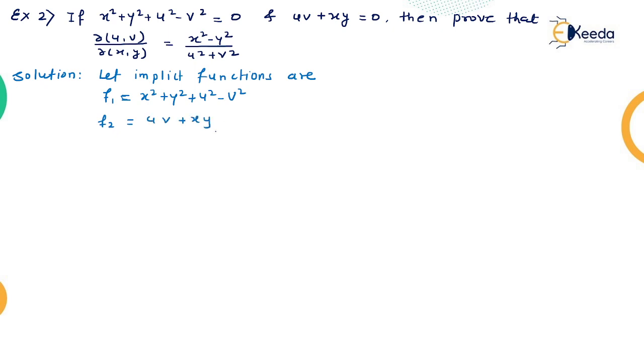These are functions of u, v, x, y, and we set them equal to 0. Now we know the Jacobian of implicit functions.